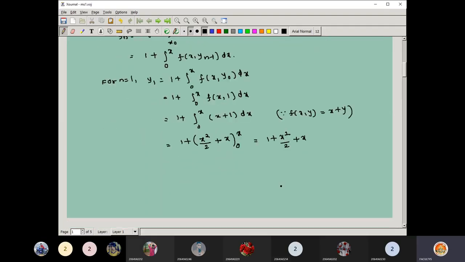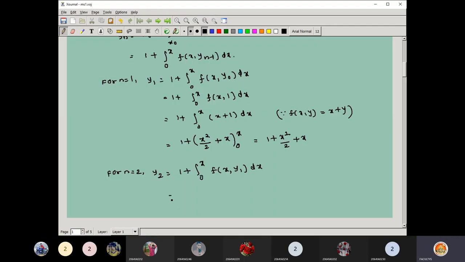But better you try to find out one more approximate solution also. So there I am substituting n equal to 2 so that you are getting y2 equal to, in the last expression, 1 plus integral over 0 to x f of x comma, n equal to 2 means it is y1, dx.